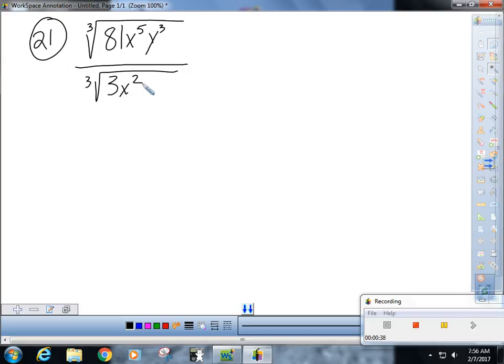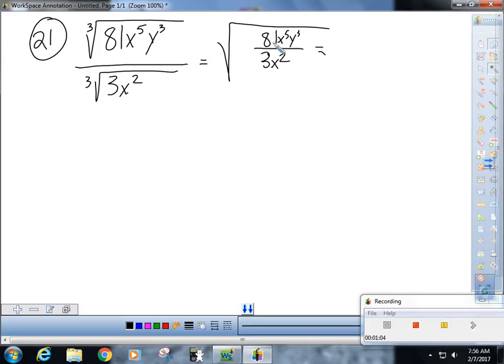Well, sometimes it's in our best interest to split up the radicals, and sometimes it's in our best interest to combine them. In this one, I think I'm going to combine them first, although I wouldn't necessarily have had to. So all I'm going to do is write them all under one big radical. Okay, and now I can start canceling things.